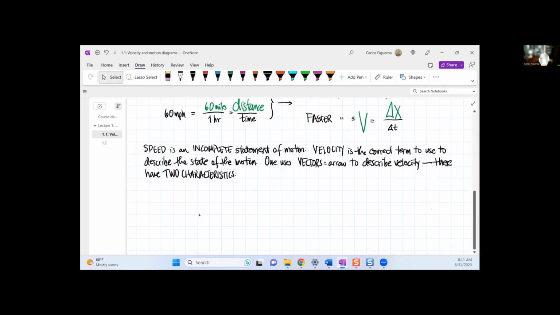So what do I mean by that? Well, an arrow or a vector, what we know here is that it's an arrow. So if I look at this arrow, what I'm seeing here is that there's two pieces of information.